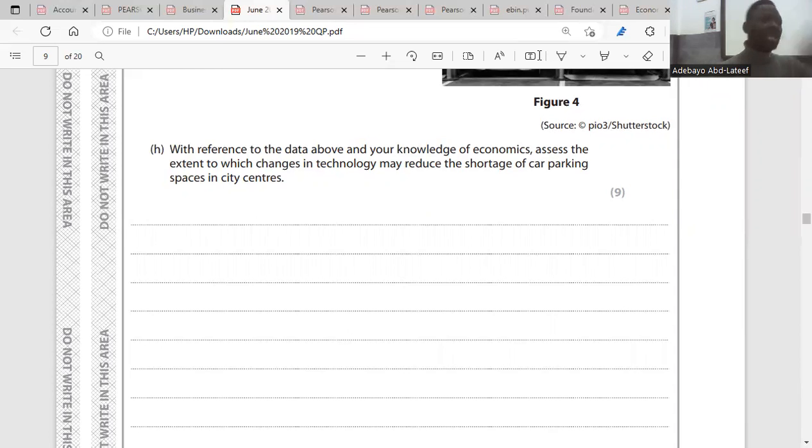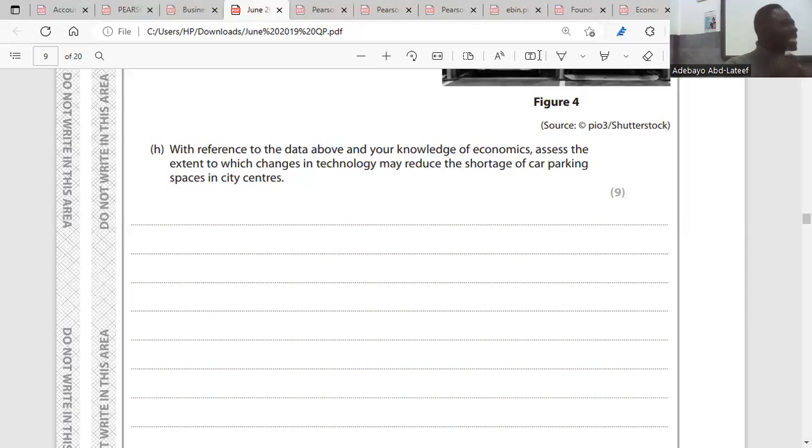because there's technology. Remember, one of the factors that increases supply is advancement in technology. Yes or no? So with advancement in technology from Japan, the car space becomes smaller and contains more cars. I've said two things there. The first is that without technology, there will be high demand for car space.